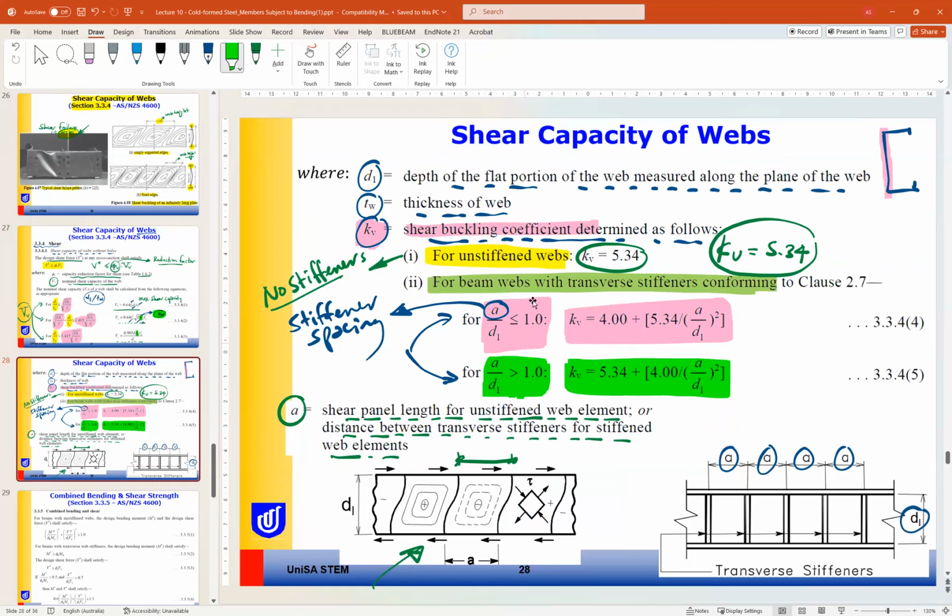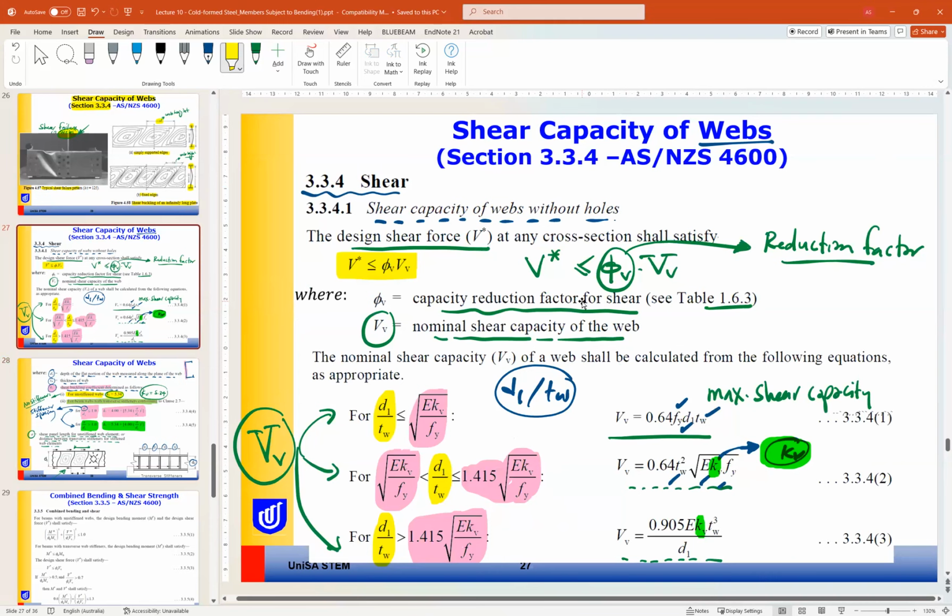KV has three cases: 5.34 for unstiffened web, or 4 plus something or 5.34 plus something if A over D1 is less than 1 or more than 1. Once we know VV, we find phi and compare to V asterisk to check the shear.